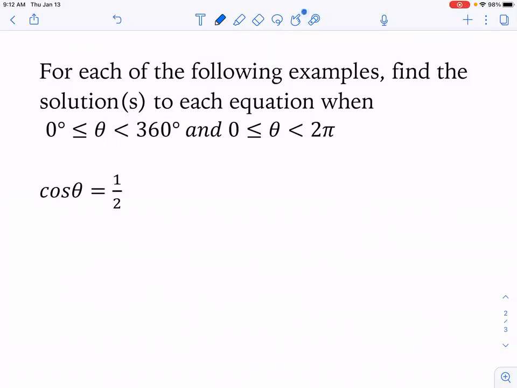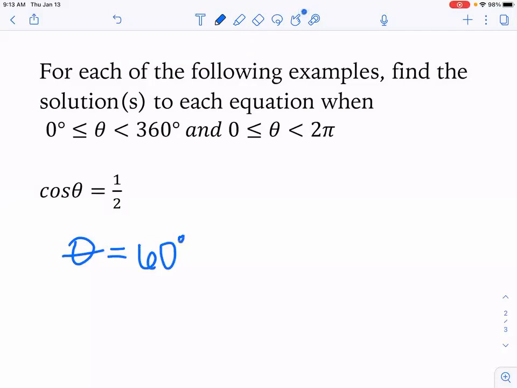Okay, cosine. We need to think of the x coordinate in the first quadrant. What degree measurement has an x coordinate of 1/2? Grayson is very unsure, but he said 60 degrees. Yes?